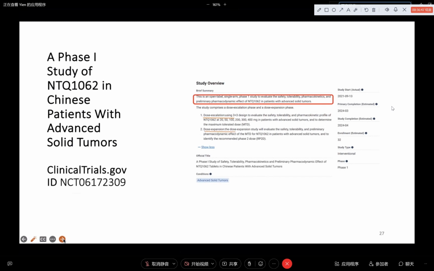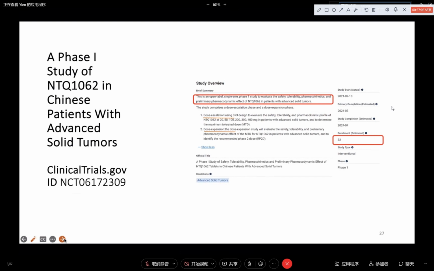The dose expansion is all about pharmacodynamic effects and also tolerability of the maximum tolerated dose, and also finding the dose for the phase 2 trial. The number of patients was 32.